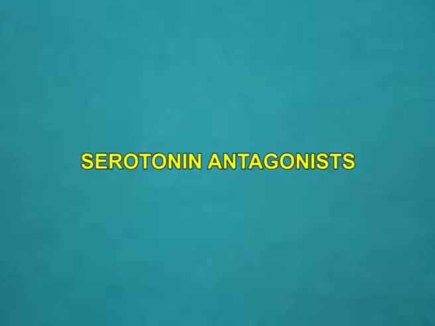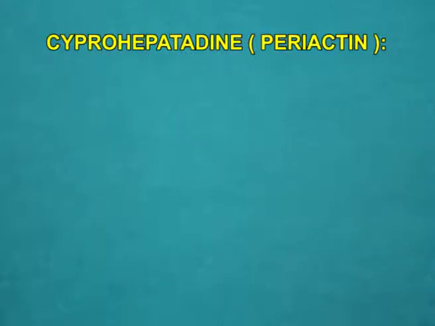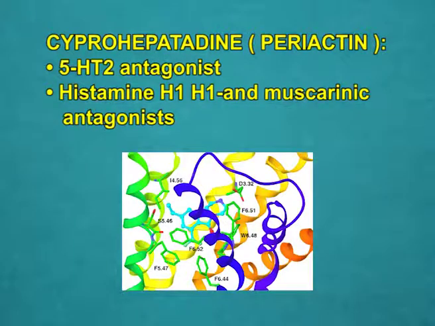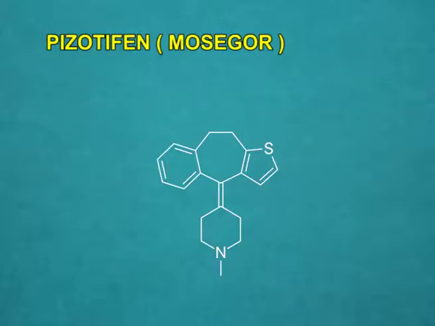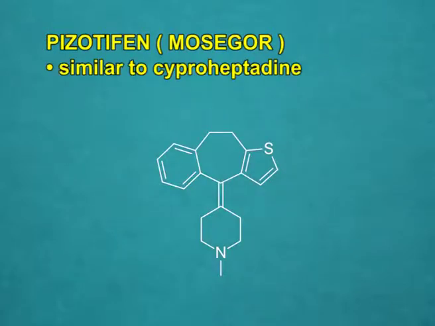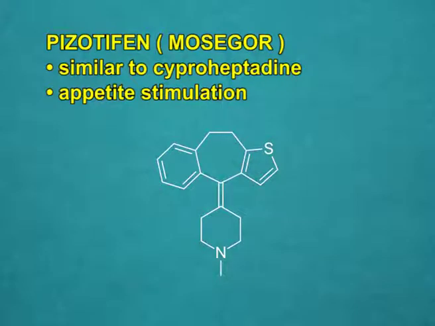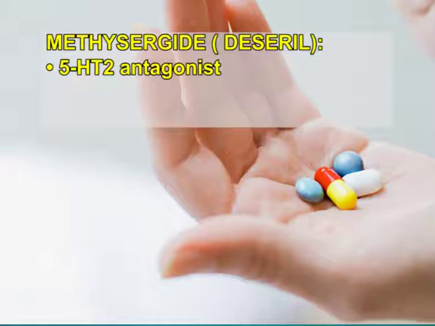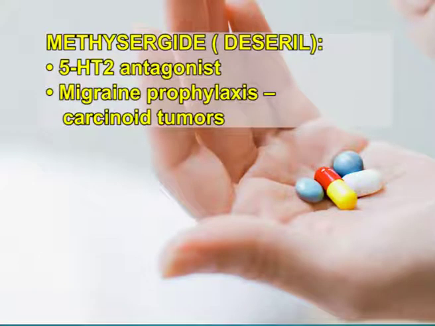Now we are discussing the serotonin antagonists. It may include cyproheptadine, a 5-HT2 antagonist, also a histamine H1 and muscarinic antagonist, used in carcinoid tumors. Pizotifen is similar to cyproheptadine, used for appetite stimulation. Methysergide is a 5-HT2 antagonist used in migraine prophylaxis and carcinoid tumors.